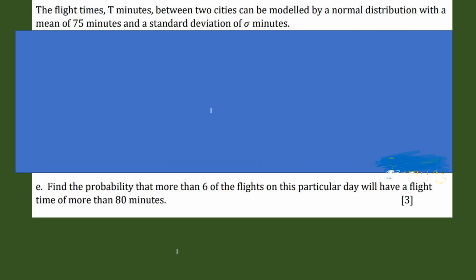Find the probability that more than 6 of the flights on this particular day will have a flight of more than 80 minutes. Again, it is important that you know the kind of probability you are dealing with. It talks about number of flights.